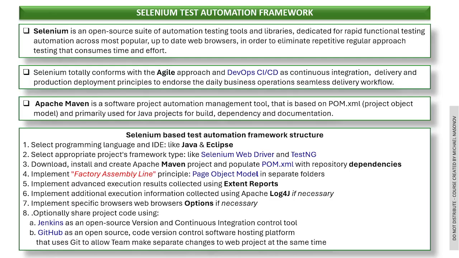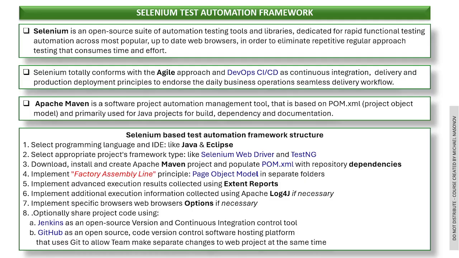Let's take a look at basic steps for Selenium-based test automation framework structure. First of all, you need to select a programming language and IDE, integrated development environment. For example, Java and Eclipse.